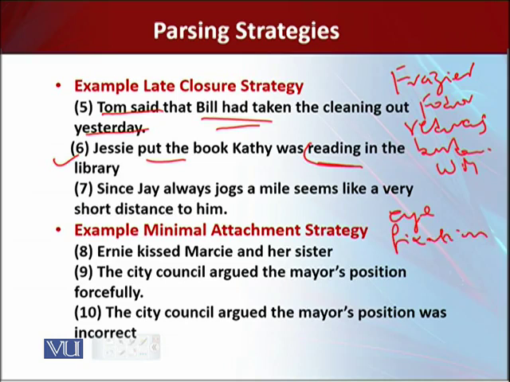They examined the eye fixation phenomena of subjects reading structurally ambiguous sentences such as this one: Since Jay always jogs a mile seems like a very short distance. The ambiguity in this sentence is a little artificial because it lacks a comma after jogs. Still, the participants' eye fixation is very interesting.